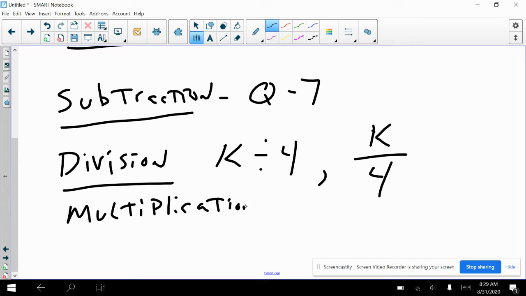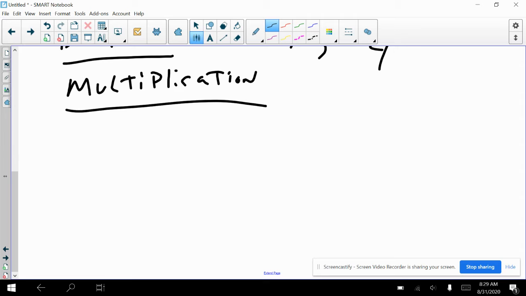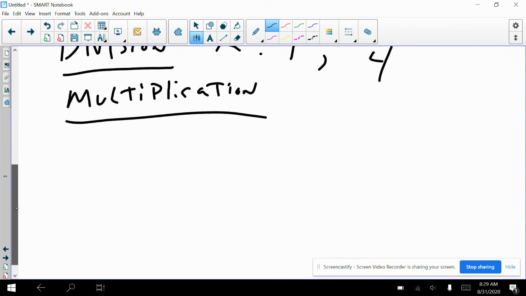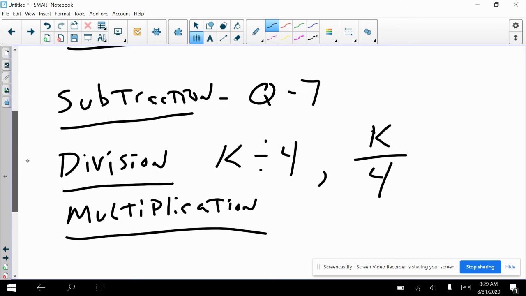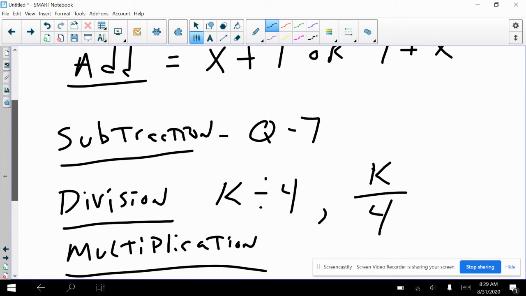All right, multiplication. This one is the hardest one. No, it's not because you're multiplying. But what do you notice on those 3? Do you notice the operational symbol there? Yes? So when you want to add, you have an add symbol.